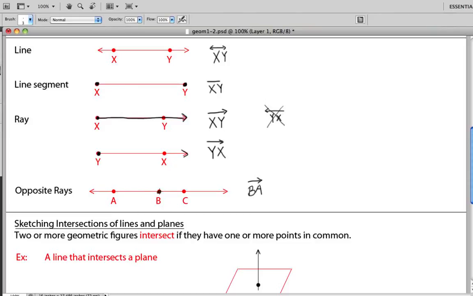My second ray, which was this one on the right, starts at B and goes in the direction of C. So I would say ray BA and ray BC are opposite rays.